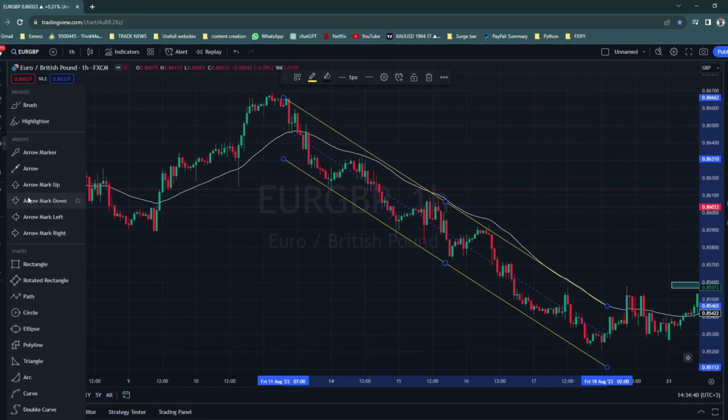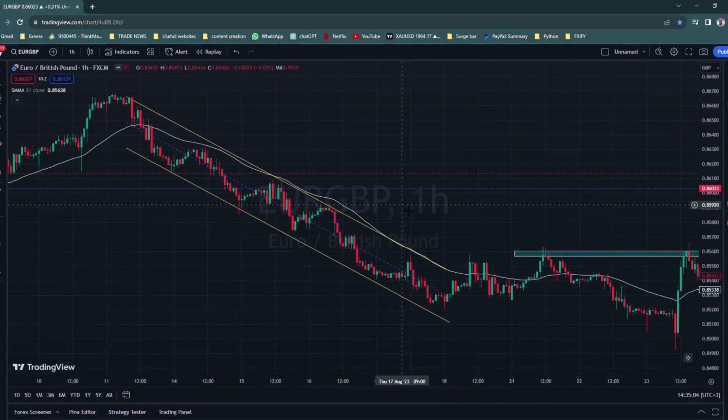Then look for the 21-day moving average, because this is the one we are using right here, and try to look for where there is an engulfing candle coupled with some kind of confirmation of a key level, using the 21 moving average as your indicator. So that was the video, simply explaining how to use the engulfing candle together with the moving average.